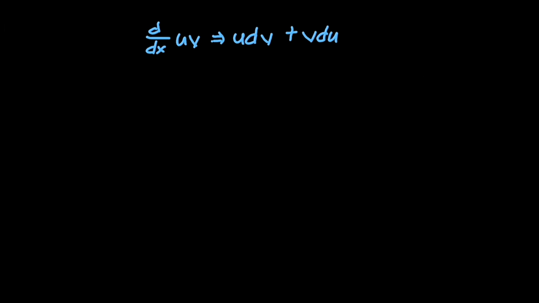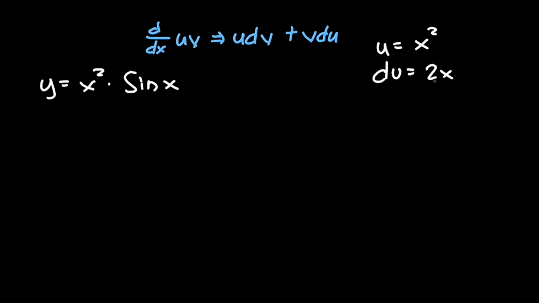Now, let's try some trigonometric functions. Y here would be x squared multiplied by sine of x. U here would be x squared. The derivative of x squared would be 2x. V would be sine of x, and the derivative of sine of x will be cosine of x.